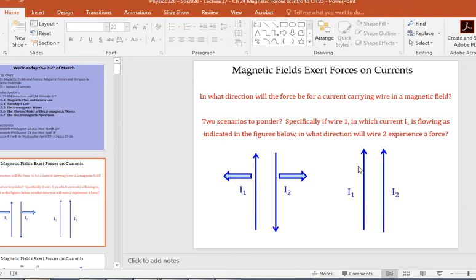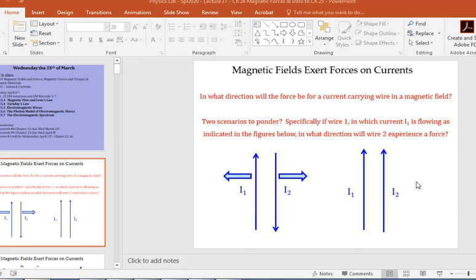So again, use your right hand, thumb points up along the direction of the current, and then immediately that tells you that the magnetic field direction in this area here, where the I2 is, is pointed into the screen. And then again, we do the second right hand rule, which my index finger is pointed up. Here I'm going to briefly go to the camera here. So my index finger is pointed up.